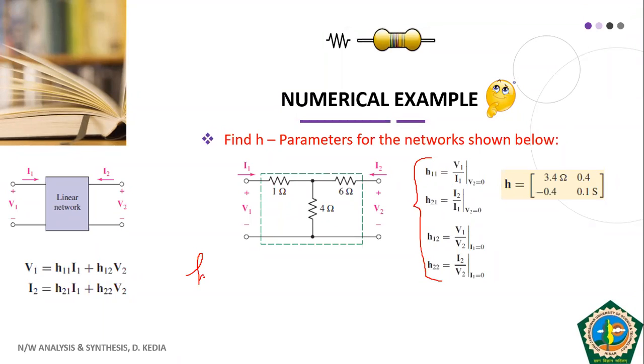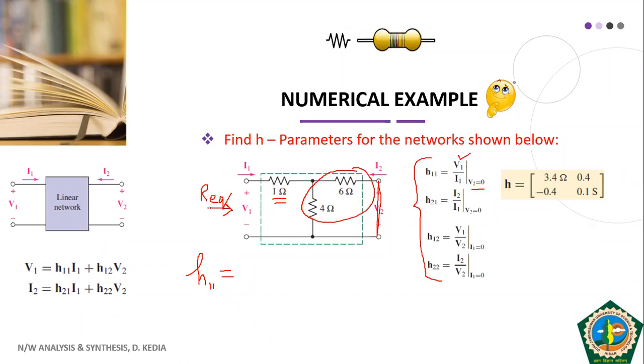So first let us start with H11. As I told you earlier also, H11 is nothing but input impedance, which is nothing but V1 upon I1. We have to make V2 0. So V2 0 means you have to short this. Once you short this, then 6 ohm and 4 ohm will become parallel. And the parallel combination of these two will be in series with 1 ohm. Input impedance is nothing but the equivalent resistance that you look into from the input side.